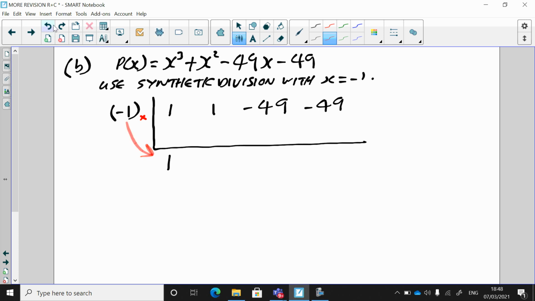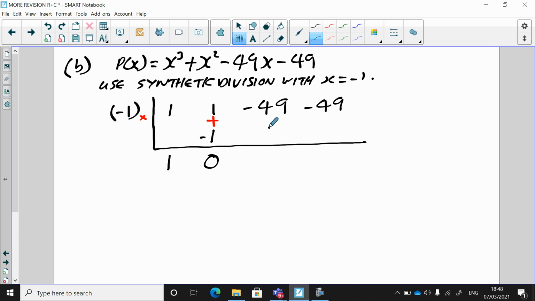So -1 times 1 there gives me -1, because the next thing I'm going to do is add these two. And when I add them, I get 0. And right away, as soon as it's below the line, it's open to get multiplied. So -1 times 0 is actually 0.